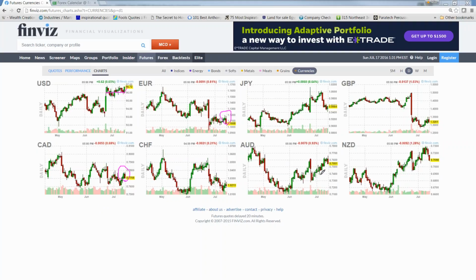The Aussie also started to weaken on Friday, and the New Zealand, this one capitulated right after the Chinese last week started rambling about the dairy prices. And of course, here is the pound. As we can see, I'm going to show you the charts in a minute. So, in essence, by looking at this, you can get the sense that the dollar is pretty much in a sideways move.